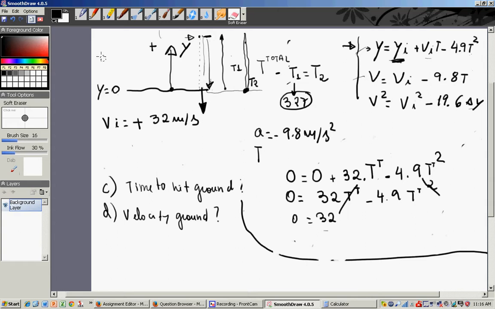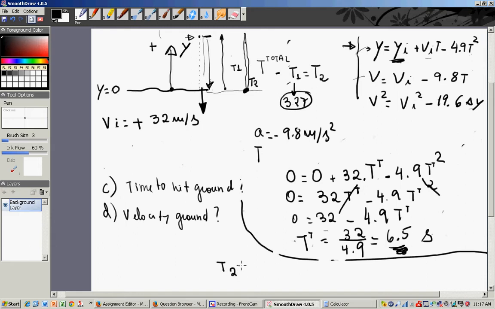I can take one t total out, so that 0 is equal to 32 minus 4.9 t total. So my t total, the total time, is going to be 32 divided by 4.9. And when you divide 32 by 4.9, you get yourself 6.5.